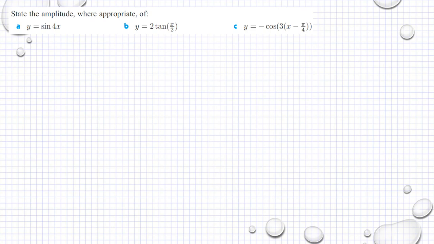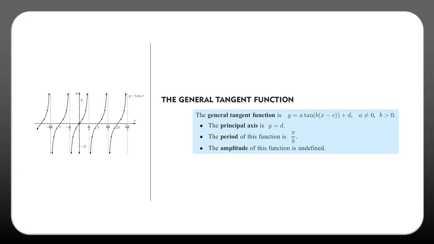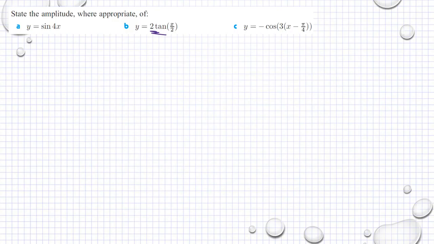Another example: state the amplitude where appropriate. We have tangent there. As we said, the amplitude of this function is undefined, so it's not appropriate.